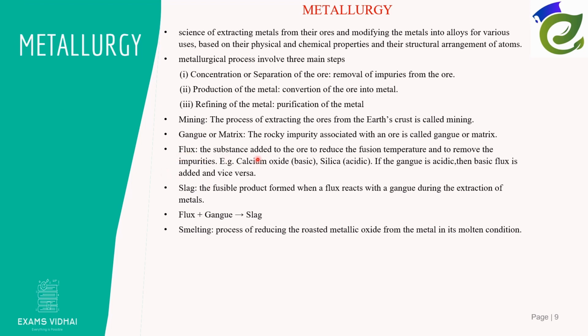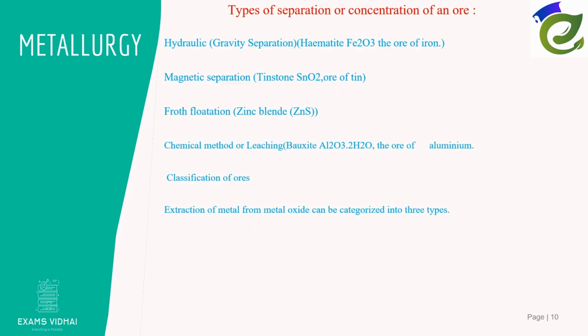Flux: the substance added to an ore to reduce the fusion temperature and to remove the impurities. Slag: the fusible product formed when the flux and the gangue react during the extraction of the element. Smelting: the process of reducing the roasted metallic oxide to the metal in the molten condition.